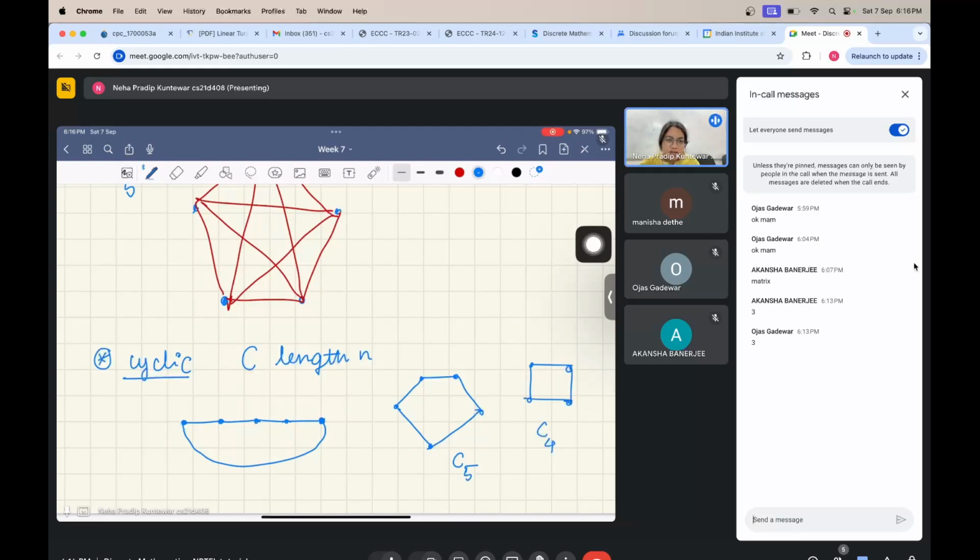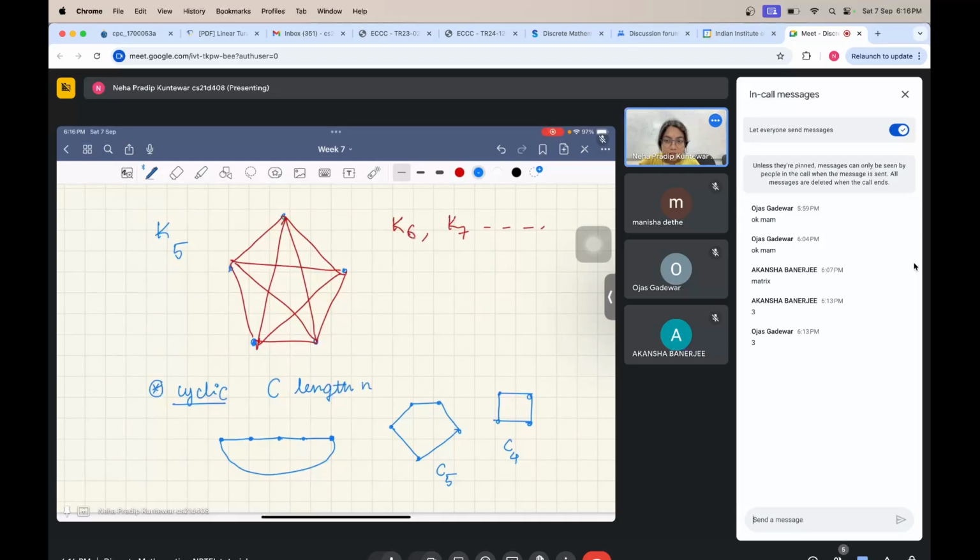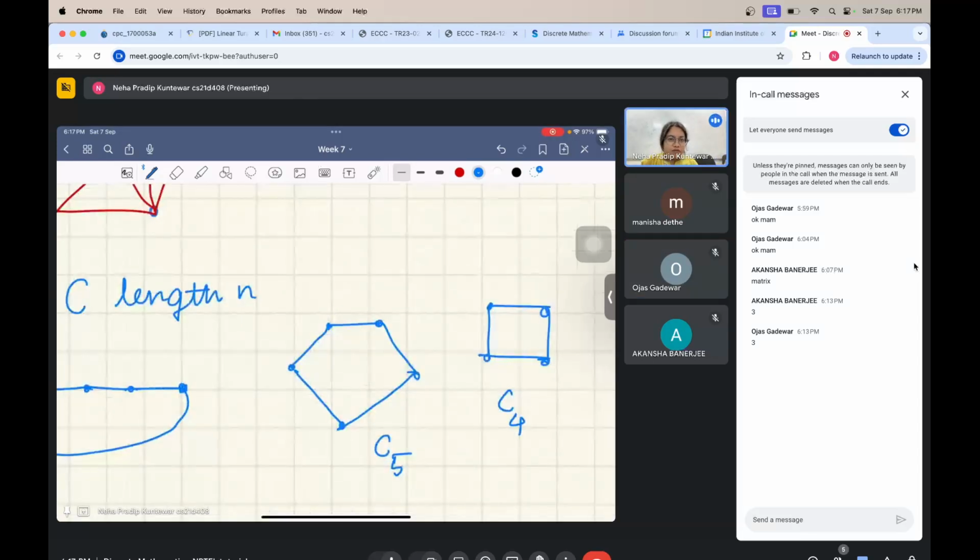So, what can you say about a cyclic graph? Is it uniform or is it complete, or can you say anything? Ma'am, I think cyclic graphs are uniform. Right, exactly. Because the degree of every vertex is 2, so d of v is equal to 2 for all vertices in the graph.